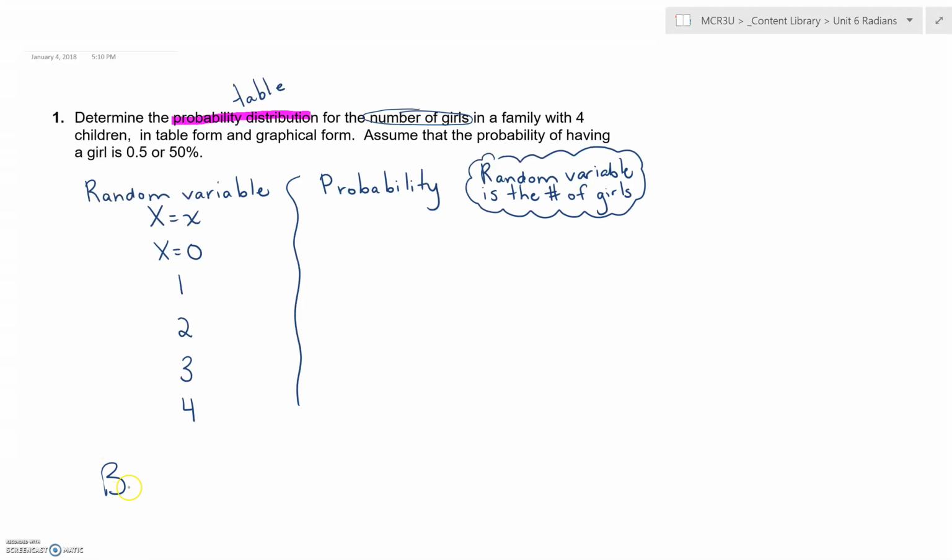So binomial distributions, if you look in the notes, have a couple key factors. It has to be a success or a failure. So you either have a girl or you don't.